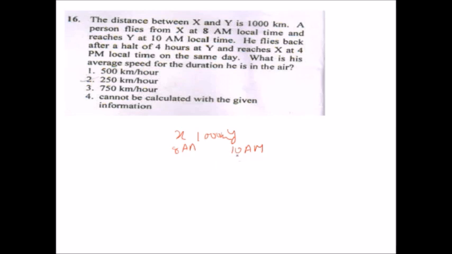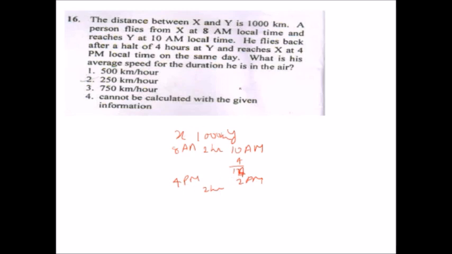It means 10 plus 4 is 14, which means 2 p.m. After 2 p.m. he again flies back to x and reaches at 4 p.m. It means it takes 2 hours from x to y, and from y to x again 2 hours.